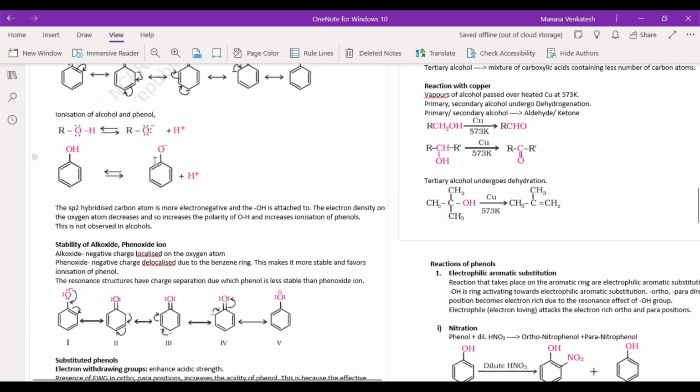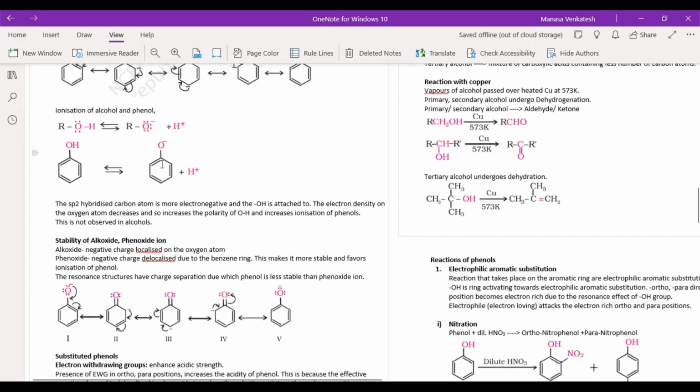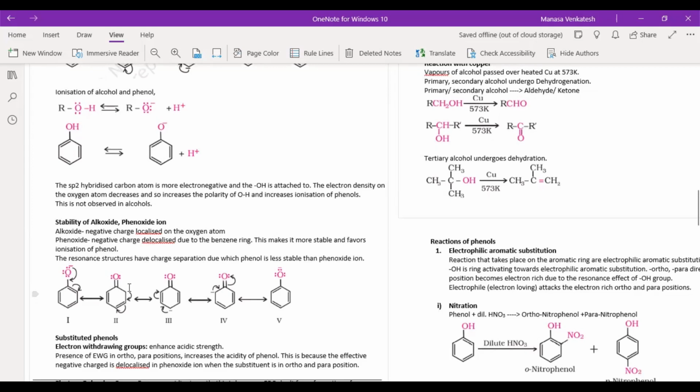Whereas in case of phenoxide ion, the negative charge is going to undergo delocalization, and because it is delocalized, it is more stable. So the alkoxide ion is less stable than the phenoxide. Here you have the various resonance structures. I'm assuming you remember learning about resonance in grade 11. Here also the O minus is going to act as an electron releasing group.